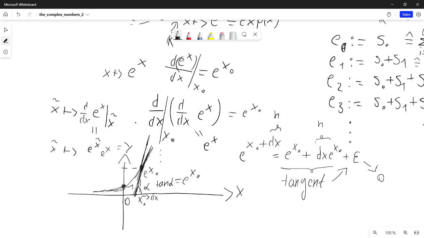And if we put h equal to 0, then we get e^x0, which means that we take any variable, put it here, and we get this point, exactly this e^x0.